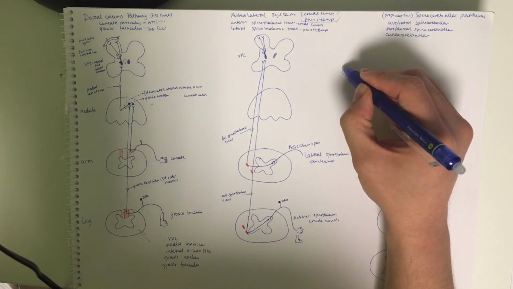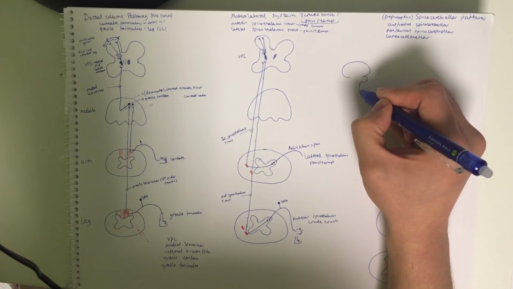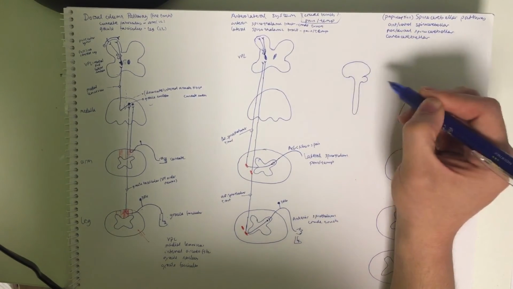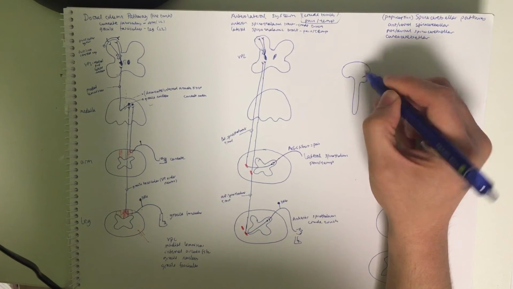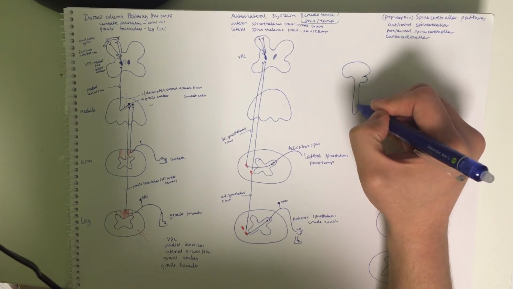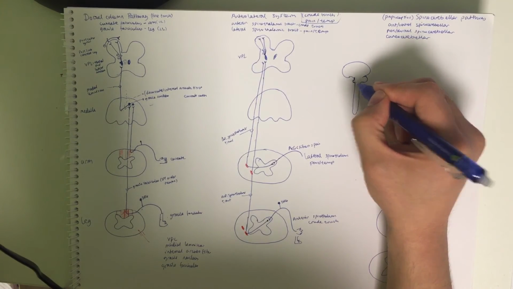So if I was to draw you a side view, or lateral view, of the CNS, this is the cortex, and the cerebellum is just underneath it here. This is the spinal cord, and at the top of the spinal cord you have the brainstem, so you have the midbrain, the pons, and the medulla.